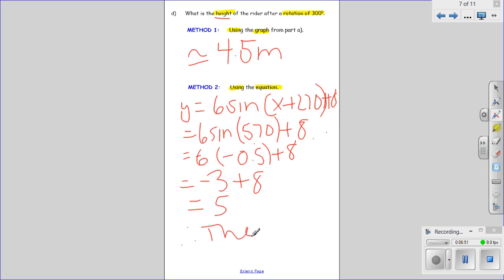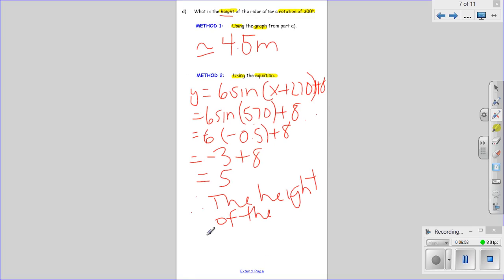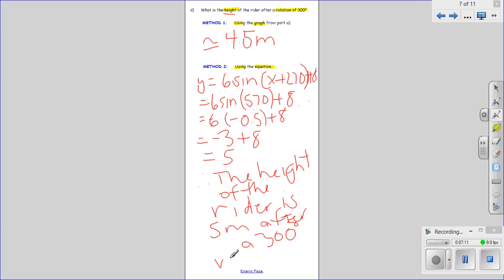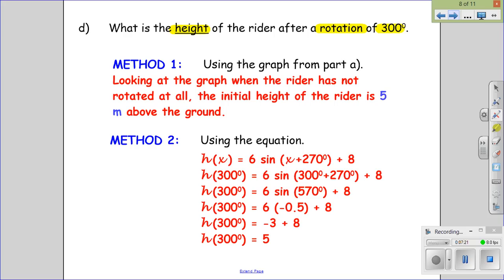Therefore, the height of the rider is, and we know it's exact too, 5 meters after a 300 degree rotation. In the first method, we would have had to say approximately, right? So we can put our equal sign with our dot above, because we can't tell what it is exactly.